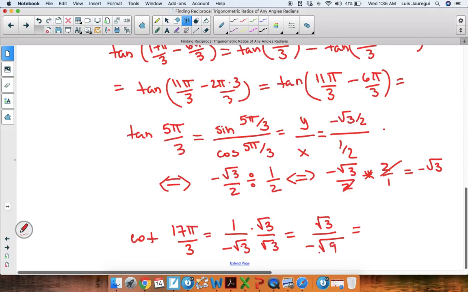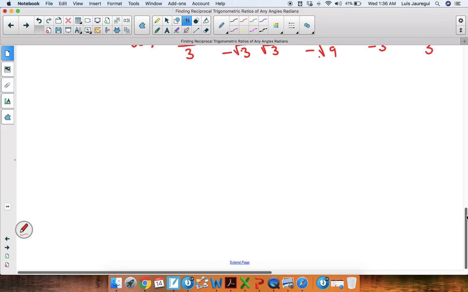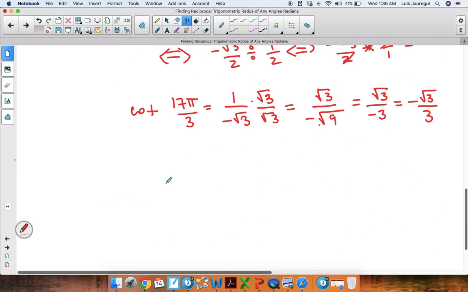So this leaves us with root 3 over negative square root of 9, which is 3. And one can simply put the negative in front and say that this is negative square root of 3 over 3. So in general, we can say here that cotangent, by the transitive property of equality, cotangent of 17 pi over 3 is equal to negative square root of 3 over 3.